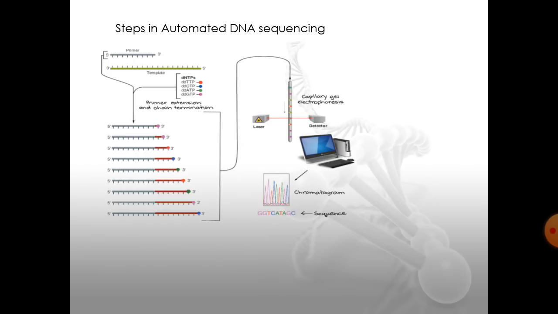As each fragment crosses the finish line, which is at the end of the tube, it gets illuminated by a laser which allows the attached dye to be detected. Now the smallest fragment, for example one ending with one nucleotide after the primer, crosses the finish point first. Then this is followed by the next smallest fragment, for example 2 nucleotides after the primer. So the process goes on like this.